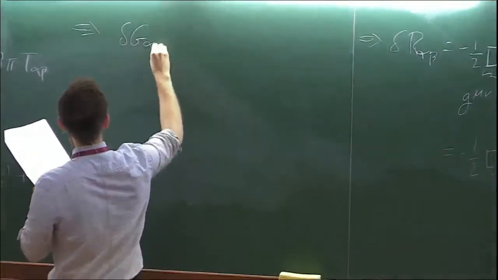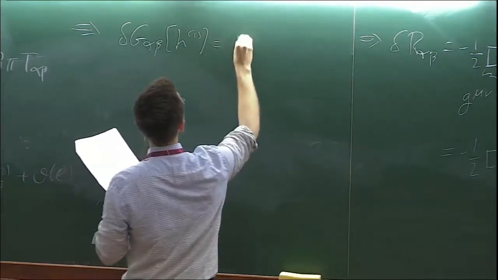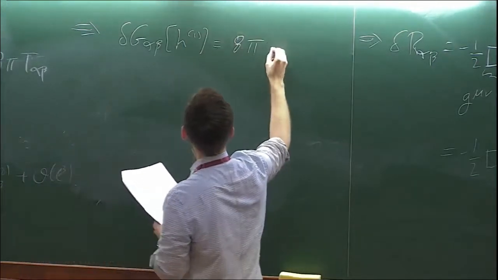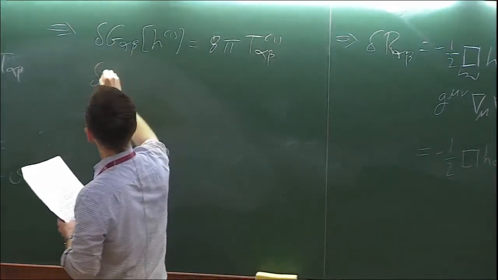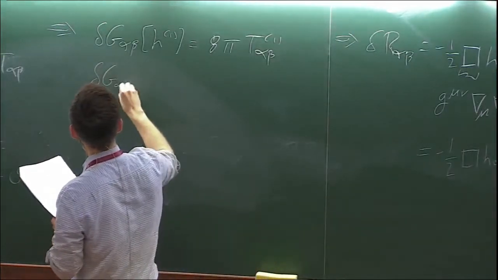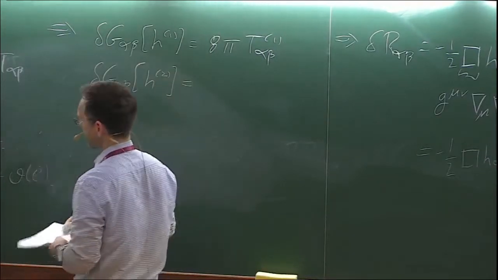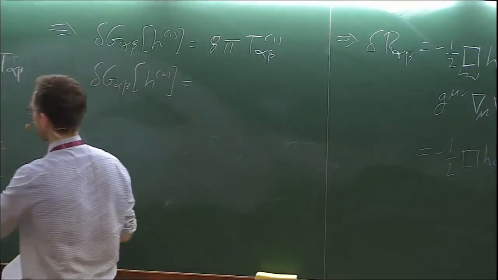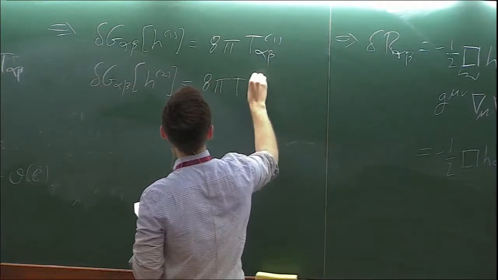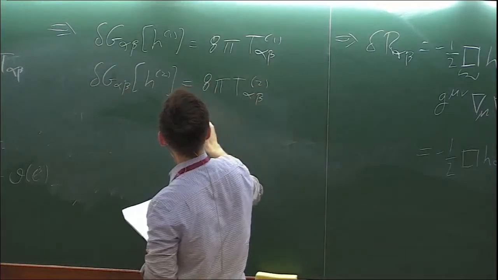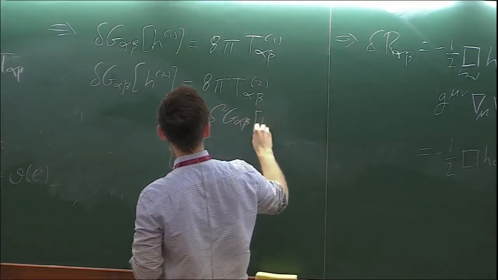Delta G alpha beta of H1 is equal to 8 pi T alpha beta 1. Delta G alpha beta of H2, and now I'm going to move this quadratic term over to the right-hand side, so it's 8 pi T2 alpha beta minus delta squared G alpha beta of H1.